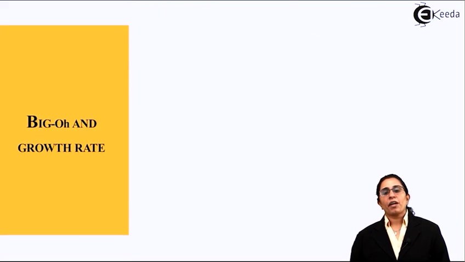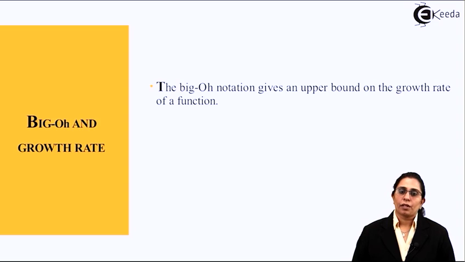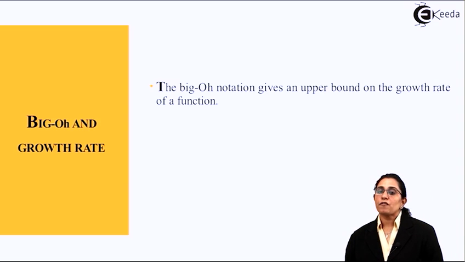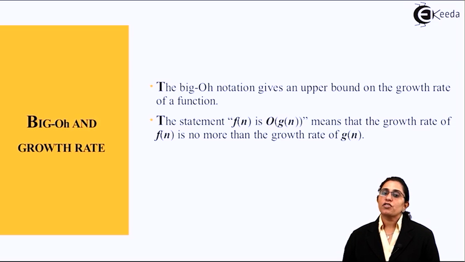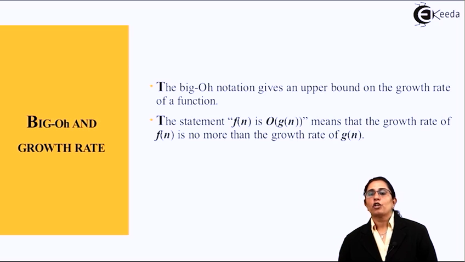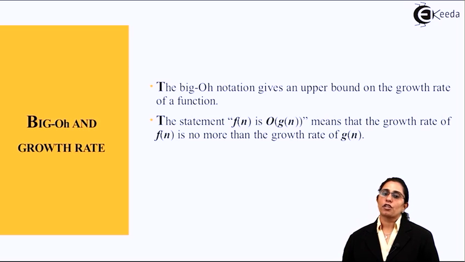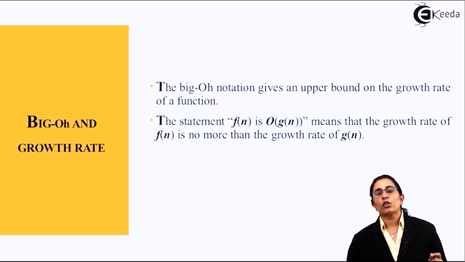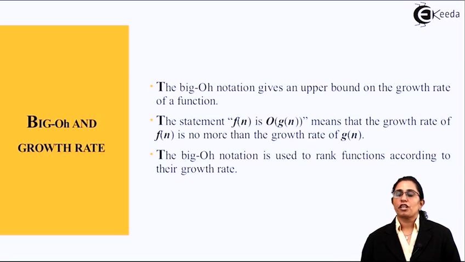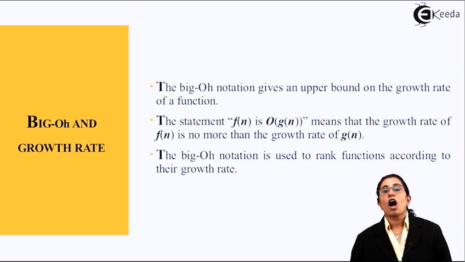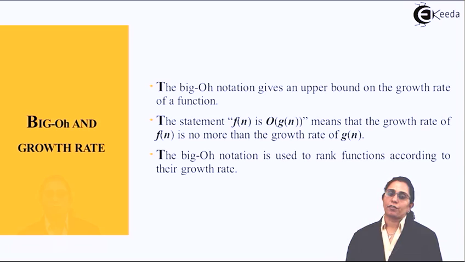Now, what is a big O and the growth rate? The big O notation gives an upper bound on the growth rate of a function. The function f of n is O g of n, means that the growth rate of f of n is no more than the growth rate of g of n. The big O notation is used to rank functions according to the growth rate.